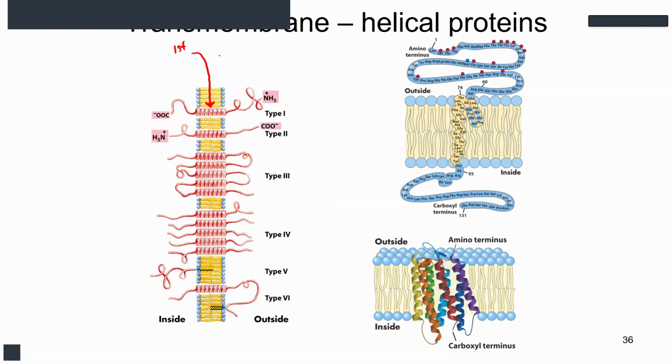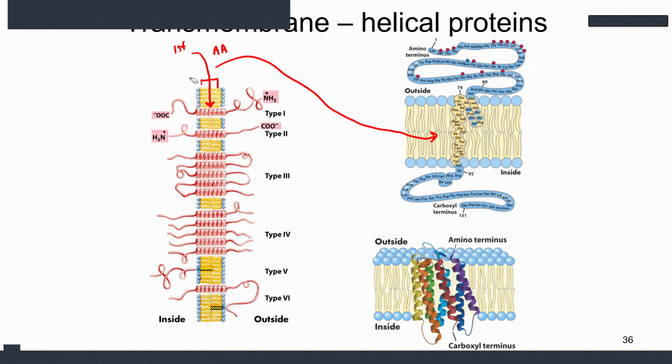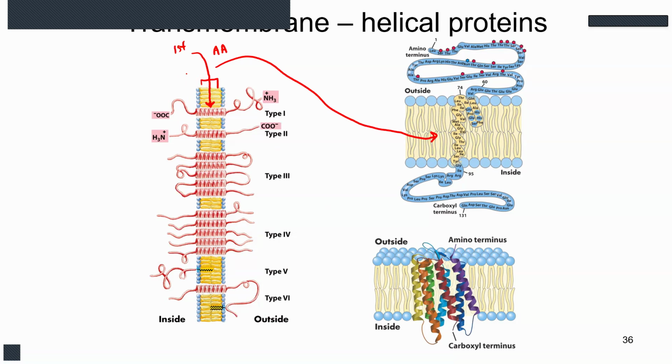What I want you to know, and I want you to think about, is the amino acids within that region of that protein. And as a reference, we got one right here. But before you even look to that reference, think about it: what do we know about this region of a lipid bilayer? What I know is that it's super nonpolar. It's got those long aliphatic chains. So if this is nonpolar, what amino acids would I expect to see within this region?